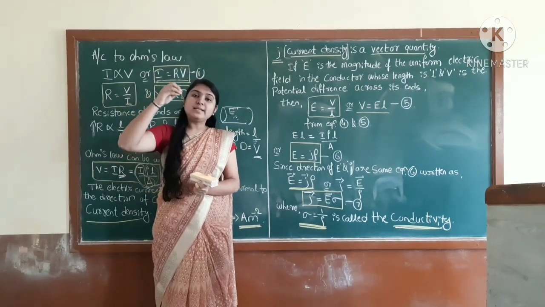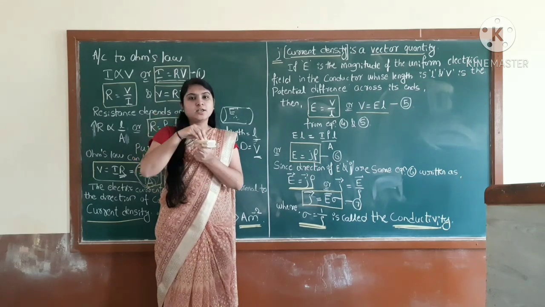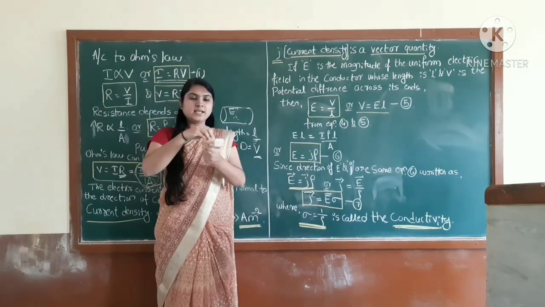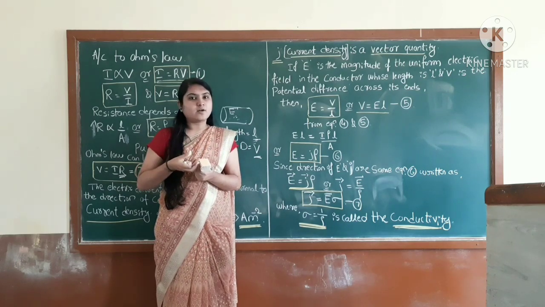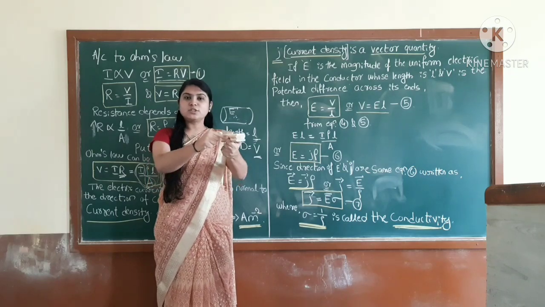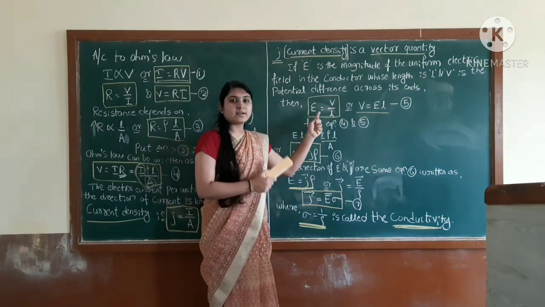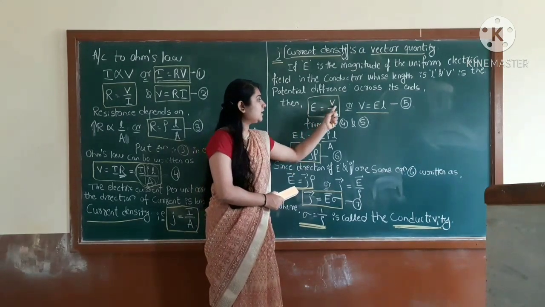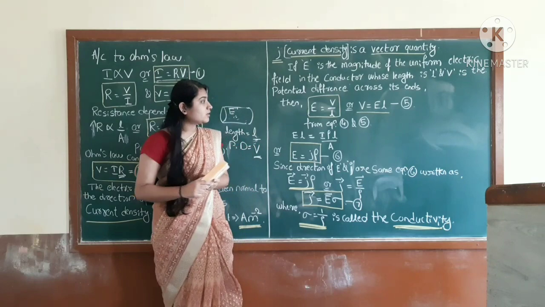If I apply work or force on it, it will move, correct? If I am not applying the work or energy, then of course it will not move. If I am giving the energy, it will move, correct? That's why we can write the electric field as the potential difference divided by the length of the conductor, correct?